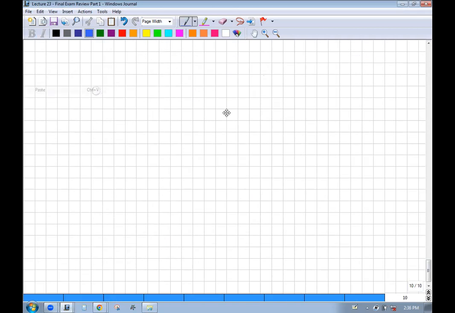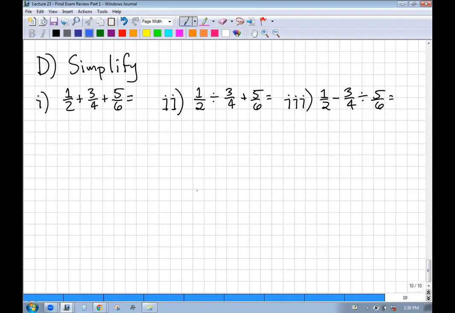Look at the next one here. Simplify. Ew, this one's awful. I'm going to need a common denominator, right? What's the smallest number that all three of these divide into? Take a 12. So I'm aiming for 12. To turn the 2 into a 12, I'll do a 6 here.